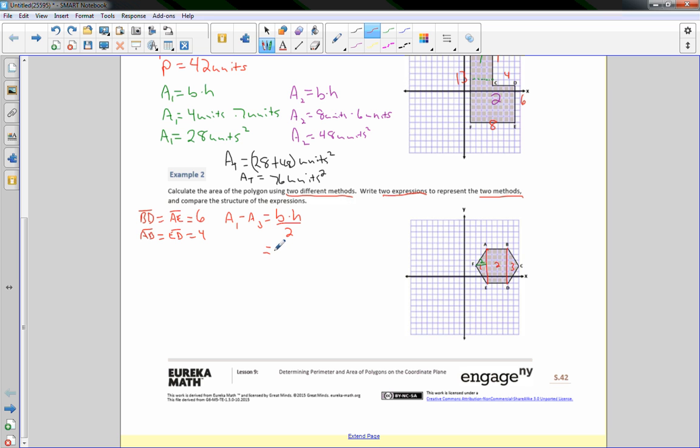Okay, so that is going to equal the base, which is AE of 6 units, times the height of 2 units divided by 2. But since I'm looking for the area of one triangle and then a second triangle, and I multiplied the formula by 2 because I have 2 triangles that are the same area, well then the 2's that I'm dividing by in the 2 triangles are going to cancel.